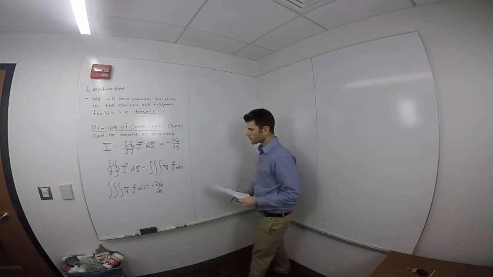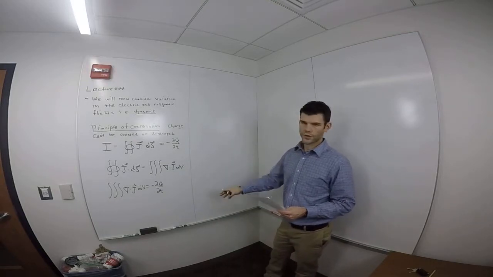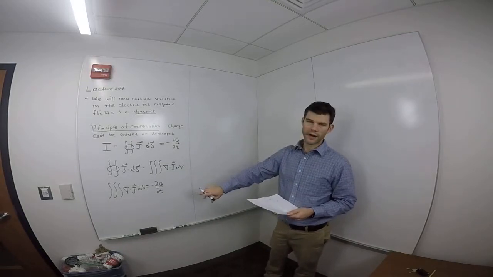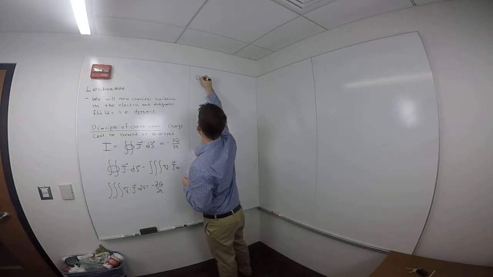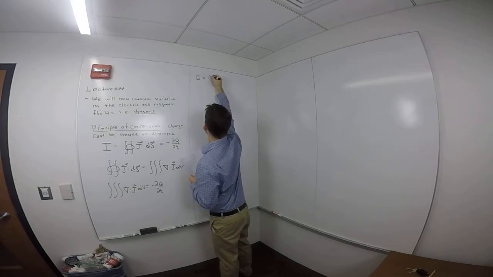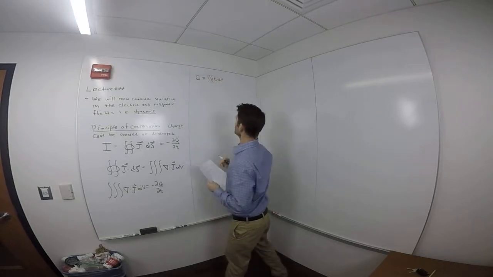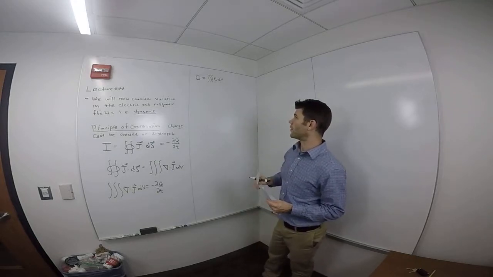Okay? But now we can go back and say, well, what is charge defined as? And can we define it in a different way that would be helpful for us? And we can. We could say that charge is equal to the volume integral of the volume charge density over a volume, right?